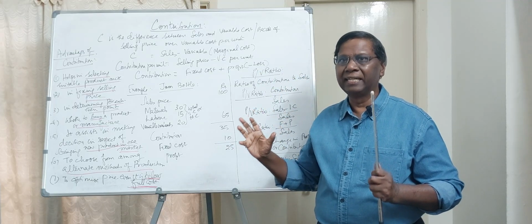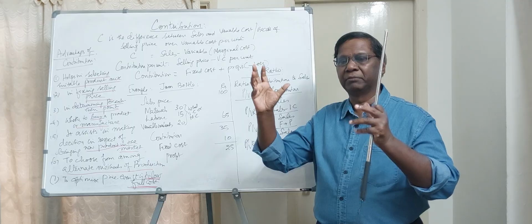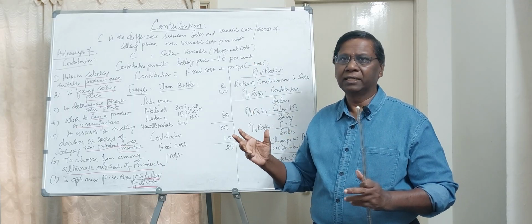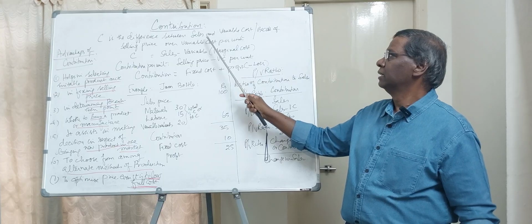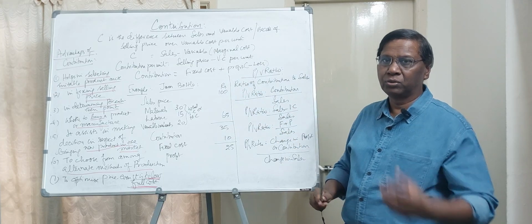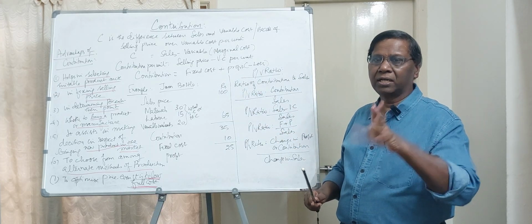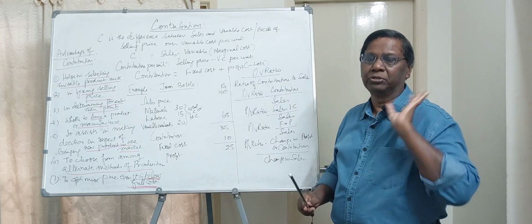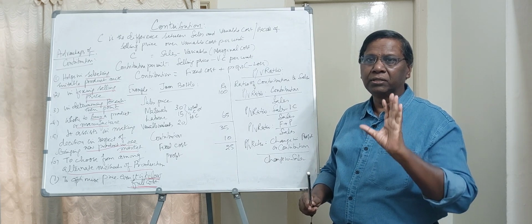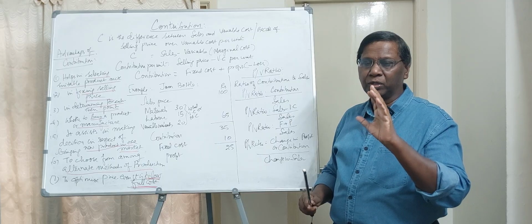So it is a direct, linear relationship between production and variable cost. So what is contribution? Contribution is the difference between sales and variable cost. After recovering the cost of production, what is left out is called contribution. Here we should be only worried about contribution.